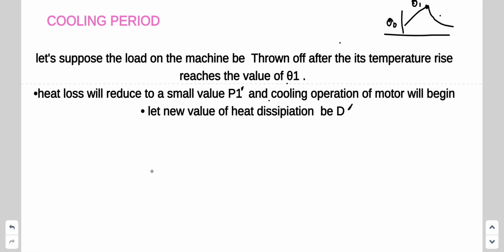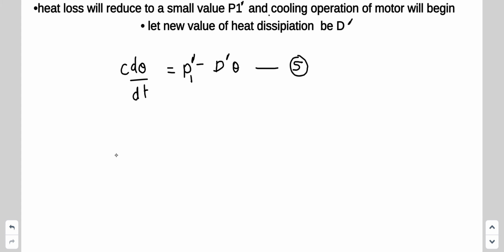So now our equation will become C d theta by dt is equal to P1 dash, the heat reduced to the P1 dash value, minus D dash, the heat dissipation constant, into theta. This is equation 5, the differential equation.